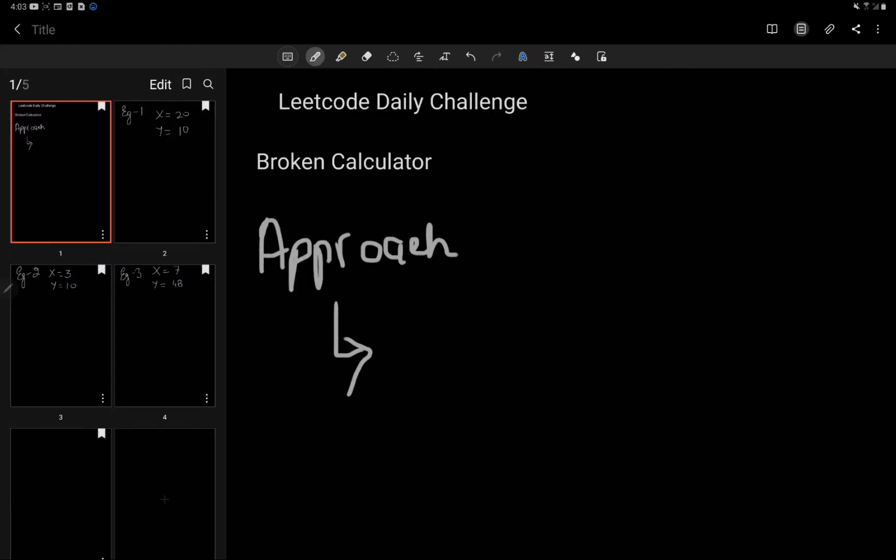Before deciding the approach for this question, let us see some examples and see how we can code it.